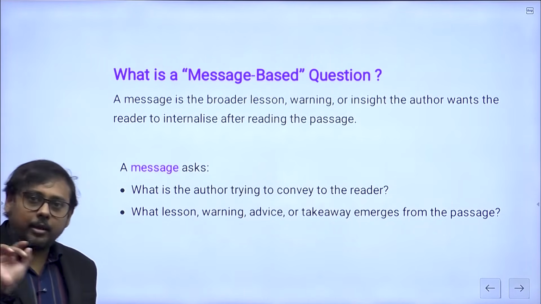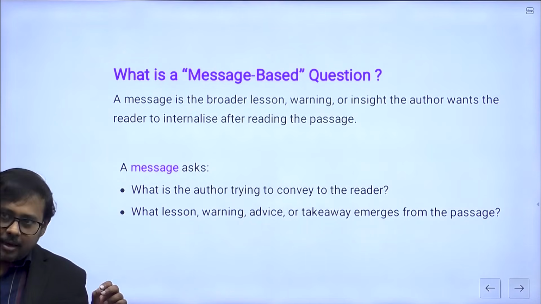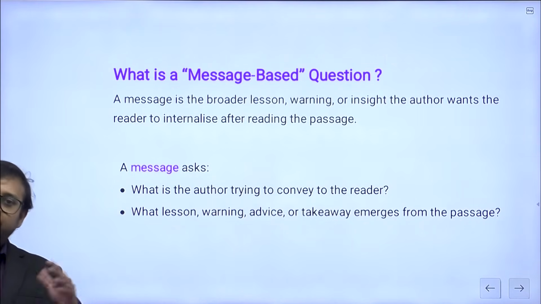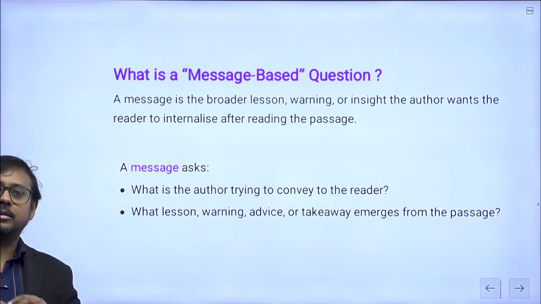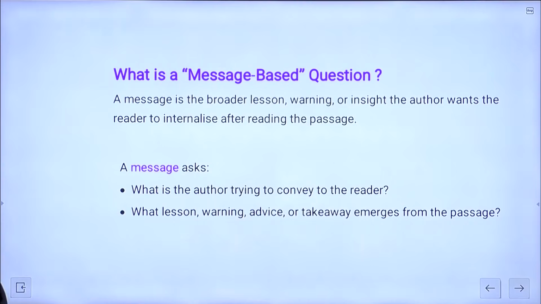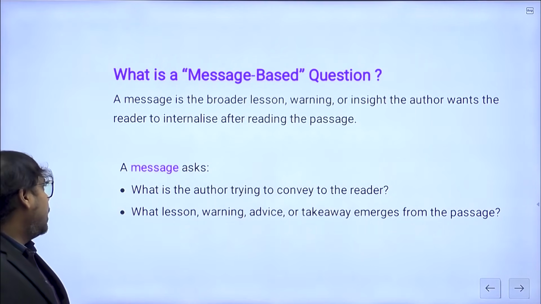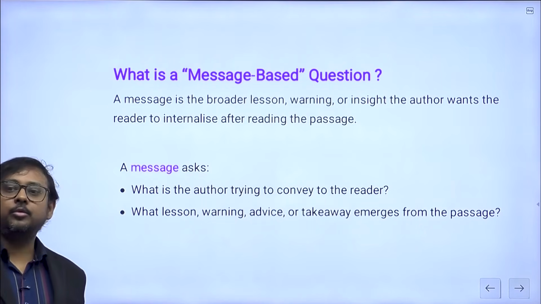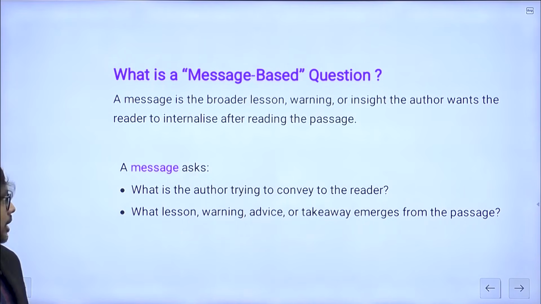So if an option is very specific, like an example, you can safely eliminate that option as incorrect, because the message will be a bit broader. A warning or insight, as I've said. The author wants the reader to internalize, so you have to listen to it, like you have to lay open your ears.